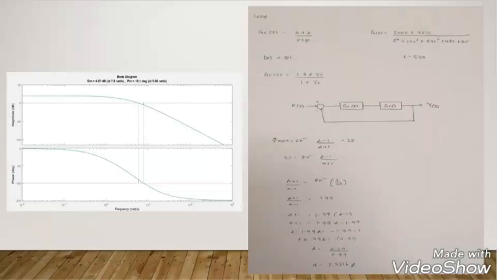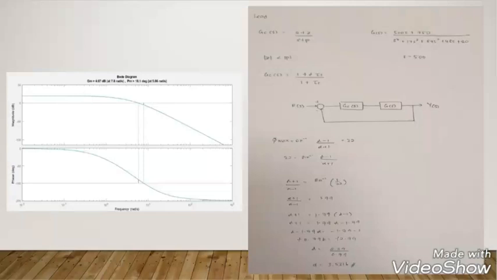So this is my equation. I expand and we solve: 500(s plus 750) over (s plus 480). The question asks to assume K equal to 500. Then the very important thing is the pole must be higher than the zero.